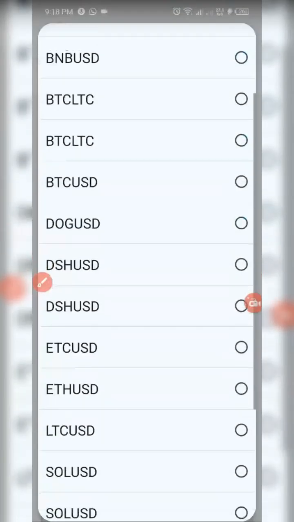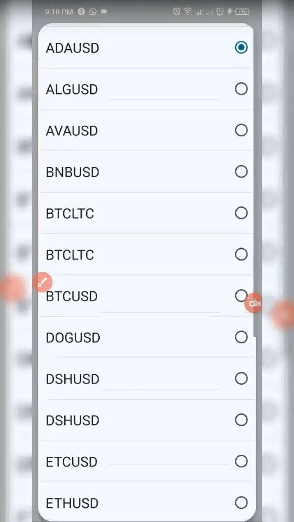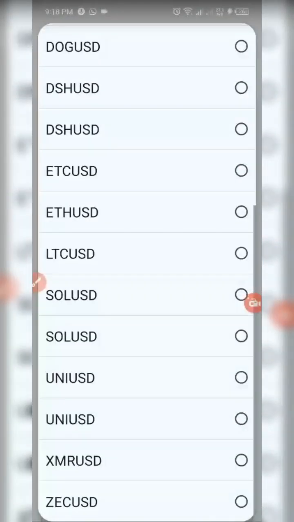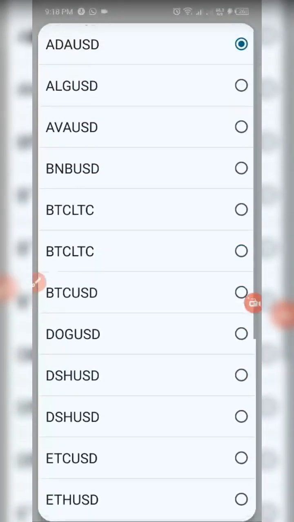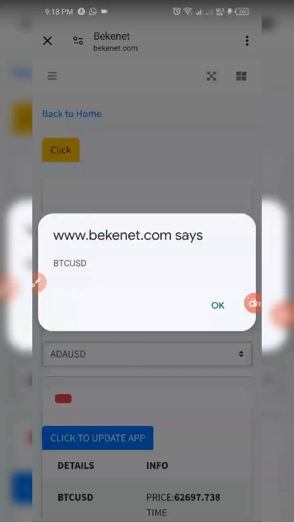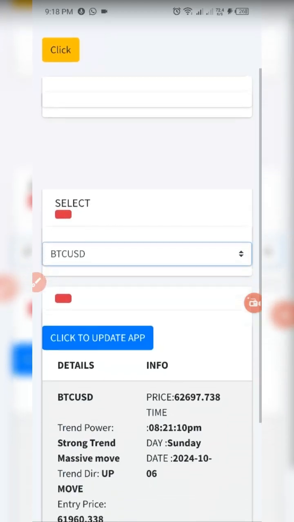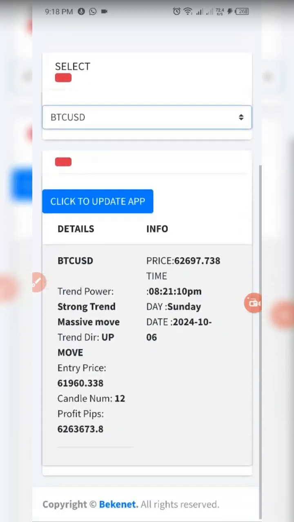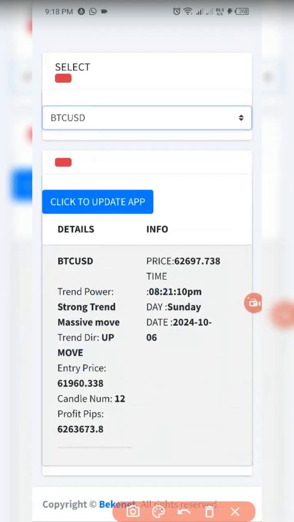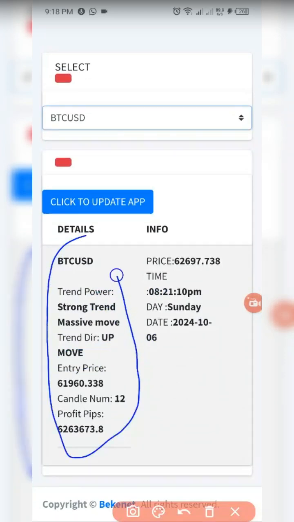Select any pair that you want the software to analyze for you. If I'm trading crypto, I prefer to trade BTC, only BTC alone. Just click it, click OK, click another OK. You see that scroll down is going to give you detailed information of what is happening in crypto. You see that today is Sunday, this is the time and everything. It gives you detailed information.